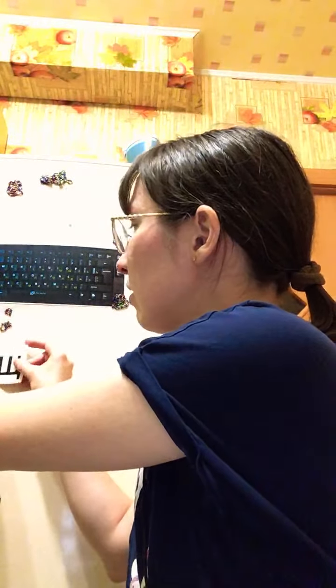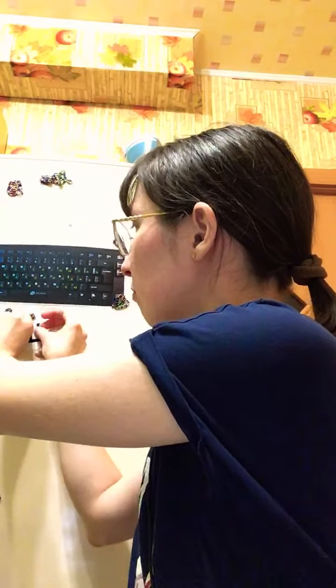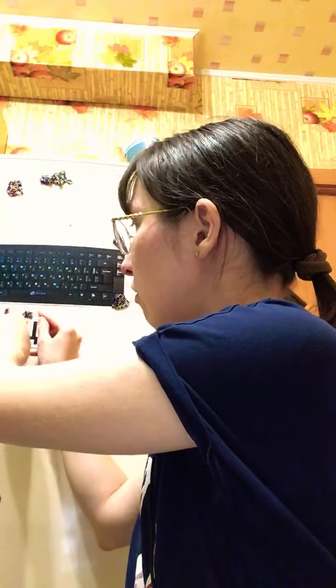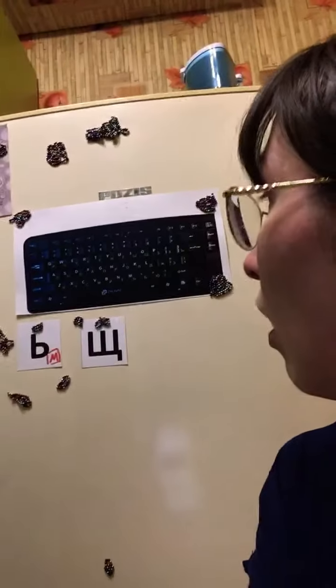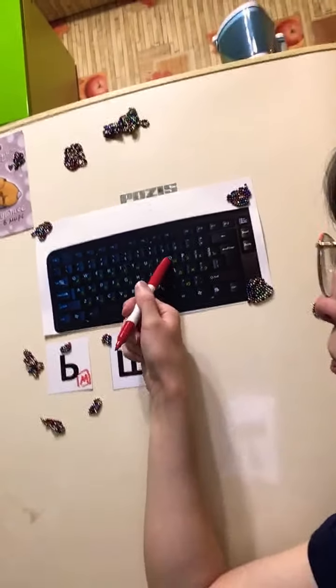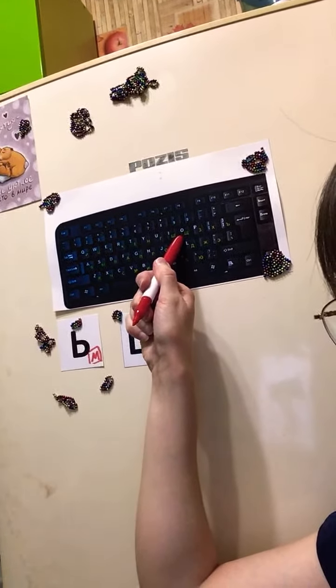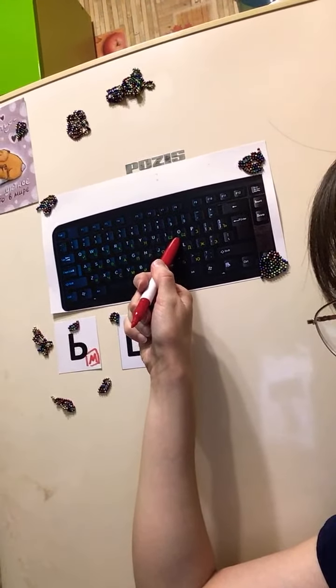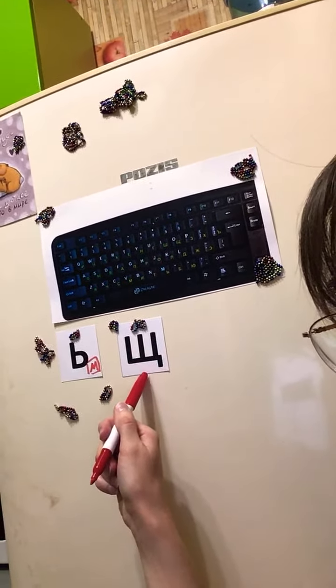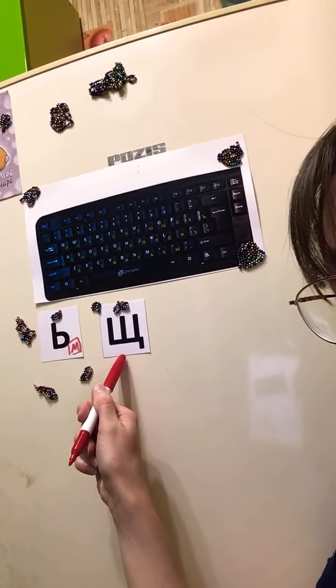Let's find this letter on the Russian keyboard. If you switch your language settings to Russian and click the button O, you will get a letter sh with a soft sh sound.